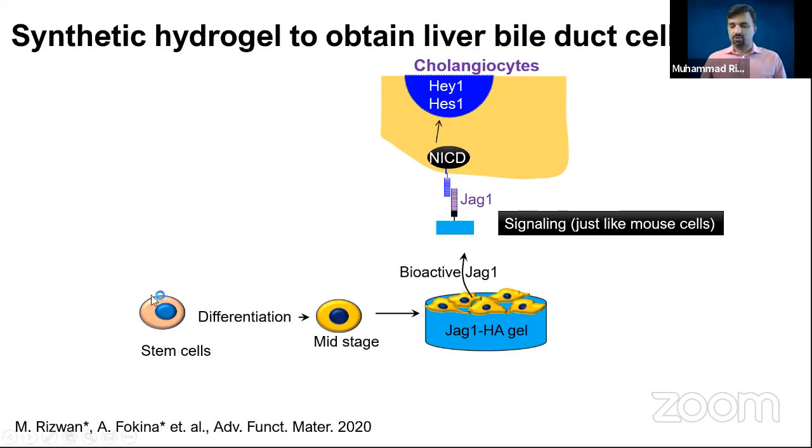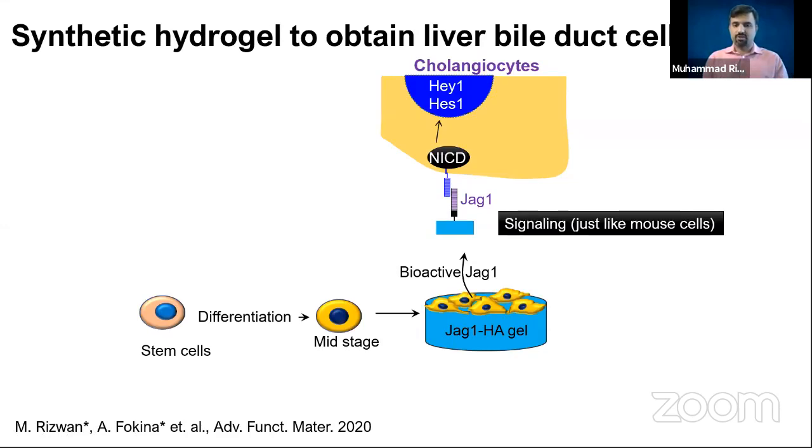The idea here was that we have stem cells that are differentiated towards mid-stage liver cells, and then these cells are put into this engineered hydrogel. The beauty of this hydrogel was that it can provide signaling just like mouse cells to convert cells to cholangiocyte cells. So basically we were replacing those mouse cells with our synthetically defined hydrogel.